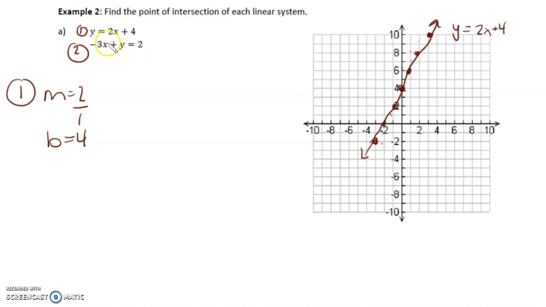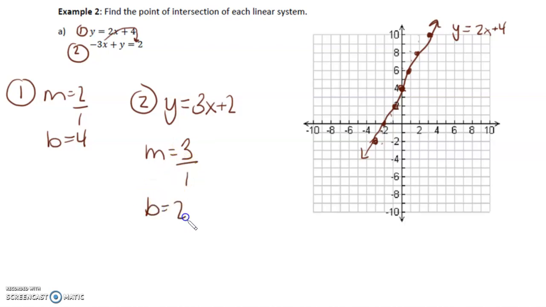Now for the second one, we have to bring this -3x over and insert it right here. So we get y equals 3x plus 2. The slope is 3 over 1 and the y-intercept is 2. So plot the 2 and then go up 3 over 1.